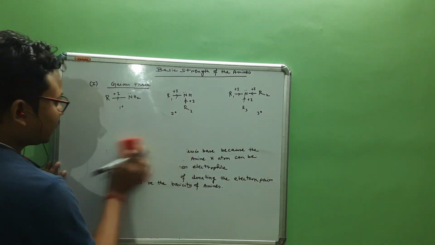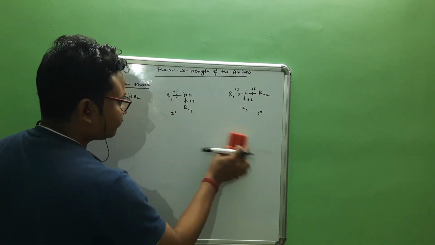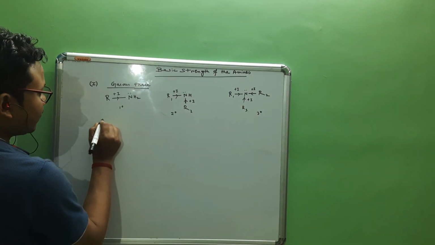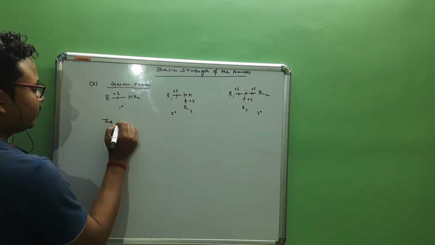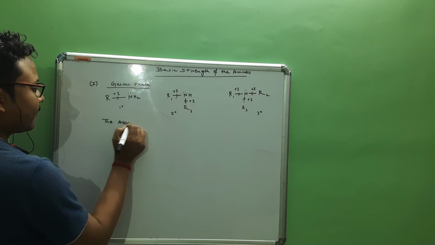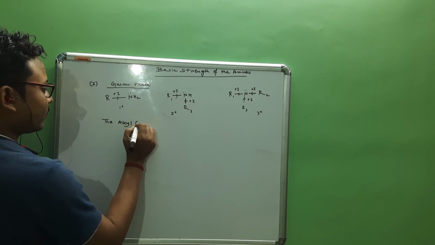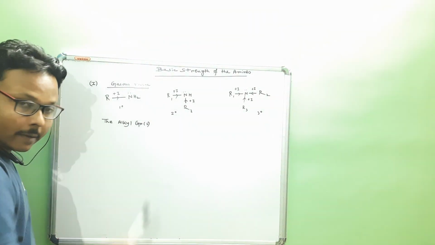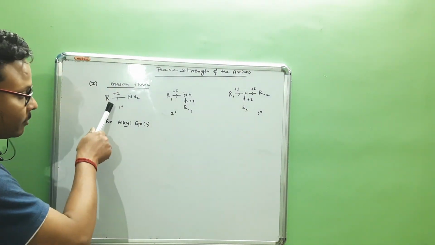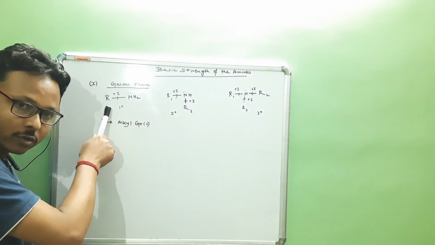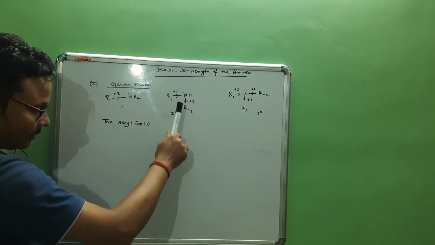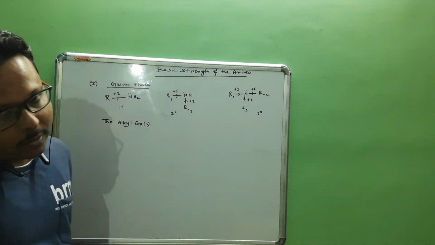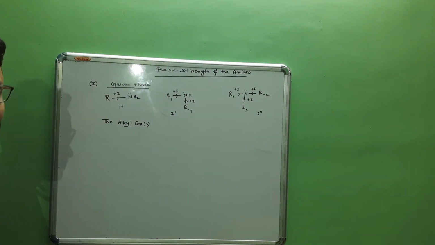So I must write the alkyl group or groups. Here one alkyl is present, and in 2 degree and 3 degree amine, 2 and 3 alkyl groups are present with the nitrogen atom respectively.